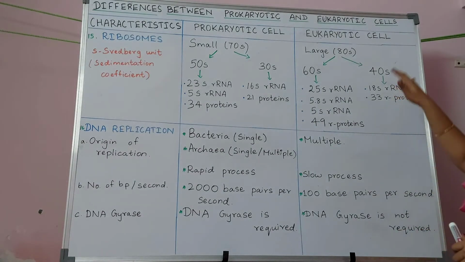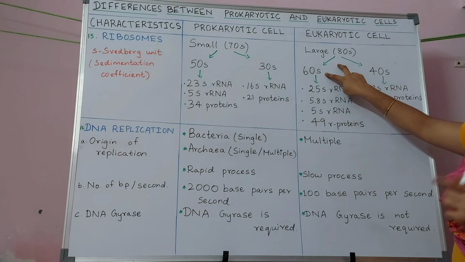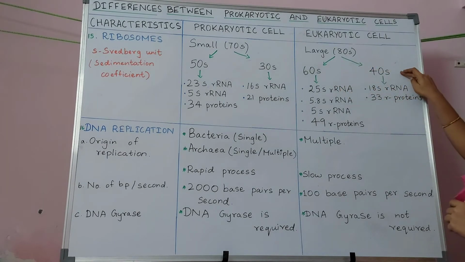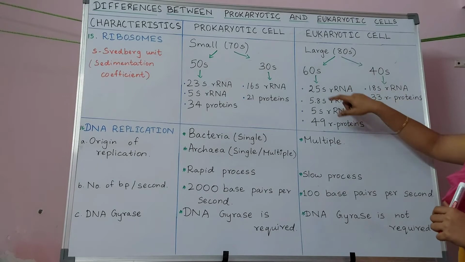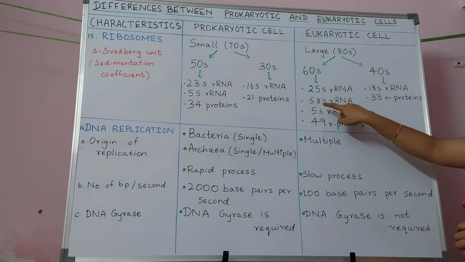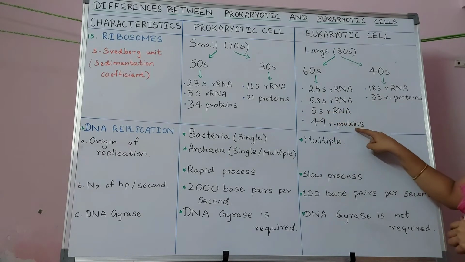In case of an eukaryotic ribosome, it has two subunits. One is 60S large subunit, the other is 40S small subunit. This large 60S subunit contains 25S rRNA, 5.8S rRNA, 5S rRNA and 49 R proteins.